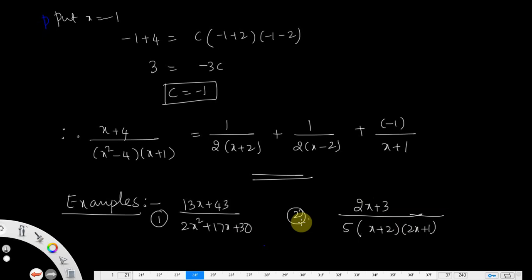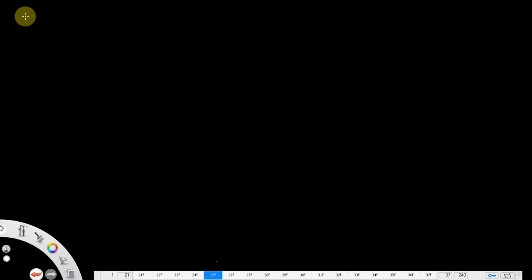Partial fractions of the type f of x by g of x when g of x contains repeated linear factors. The first type is partial fractions of f of x by g of x when g of x contains non-repeated linear factors. Now we will start method 2 or type 2.